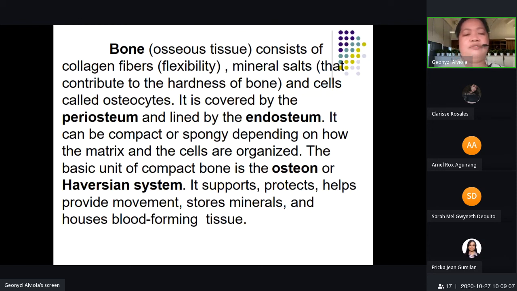The Haversian system is a canal that supports the bone cells. This is also the structure that allows blood and some innervation to connect with the bone cell. Since the matrix hardens, the Haversian canal is like a routing system of nerves and blood vessels to deliver and transport impulses.